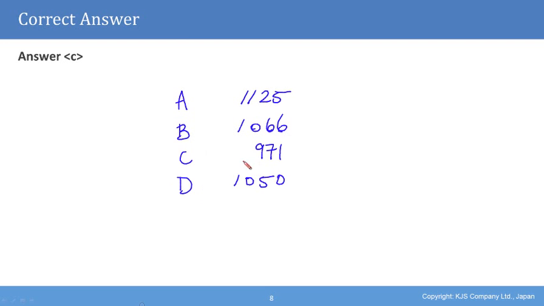As you can see, the only one that is not able to reach 1000 is C. So process C is the only one that's not going to be able to reach the target of 1000 per month. Therefore, C is the correct answer to this question.